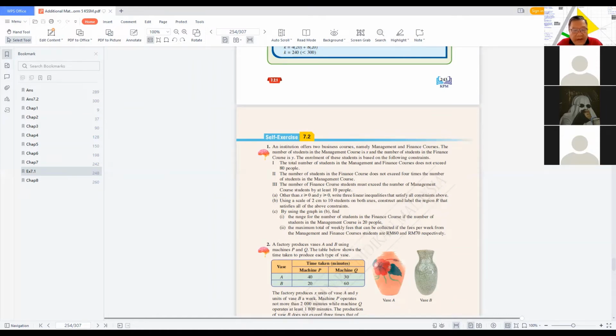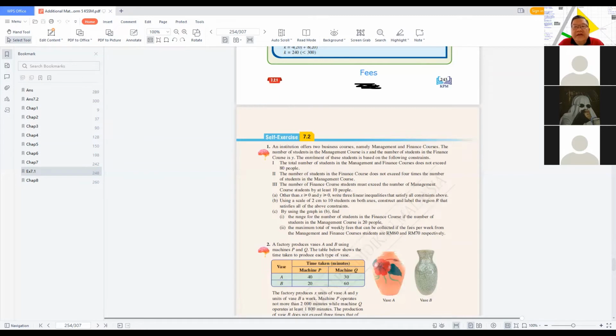This one is from another question, so I better cancel this. Use black color, then I cancel this. It is not the number of workers. It is the fees collected. So this one is wrong.